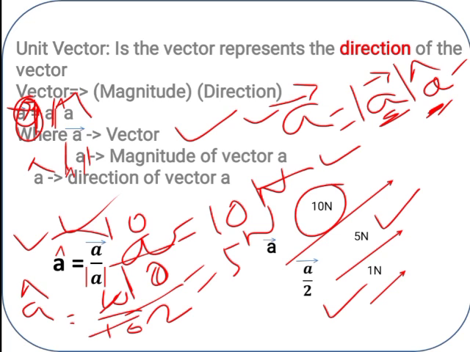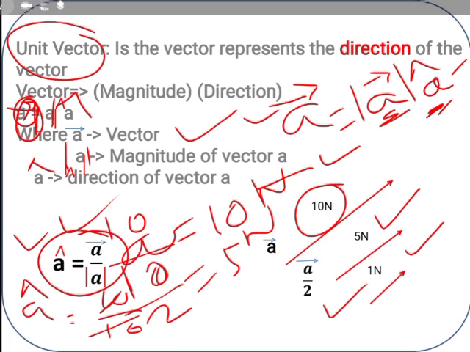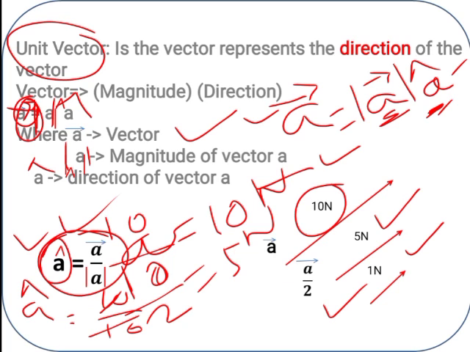The meaning of this expression is what? 10 by 10, that is nothing but 1. So what is 1? 1 is unit. So unit vector. I hope you understood this. This is very simple. In understanding, the concepts are very simple, but they are very important in the physics. If we understand scalars and vectors properly, thoroughly, then we can solve any type of problems. So A cap is nothing but it is a unit vector.